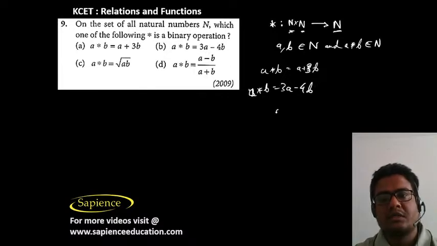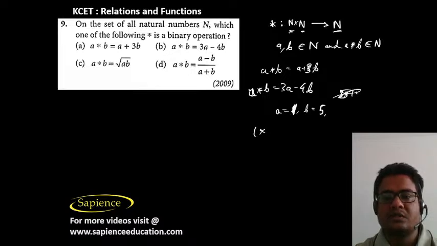Since if you take a as 1 and b as 5, then 1 star 5 would be equal to 3 into 1 minus 4 into 5, which is 3 minus 20, which is equal to minus 17. So the output is not a natural number. It does not belong to the set N.